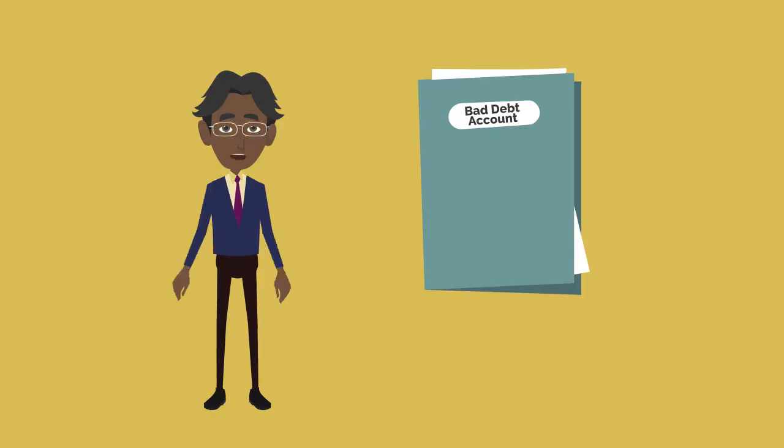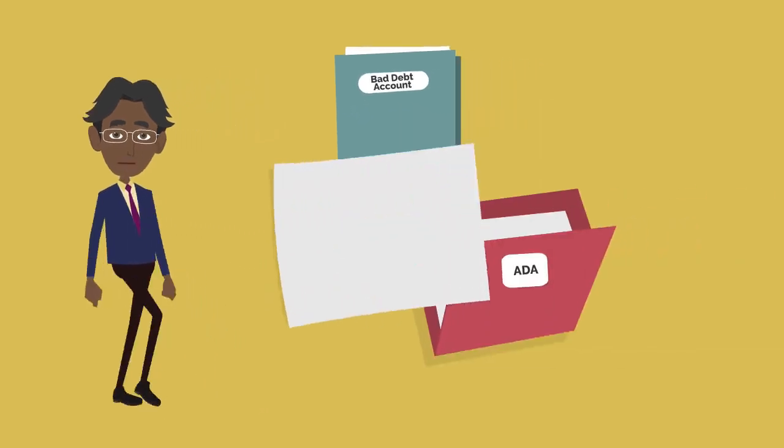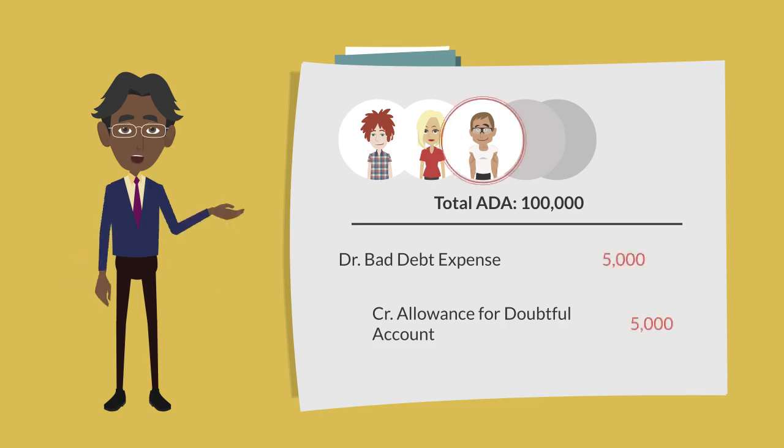Bad debt expense is an income statement item, representing the amount of debt assumed to be uncollectible in the current period. ADA is a contra-asset account that keeps track of the total amount of debt that we believe is uncollectible, out of all the debt we are owed. It can be considered an account used to write off the amount that we assumed is bad debt. Therefore, bad debt expense and ADA will not always match.